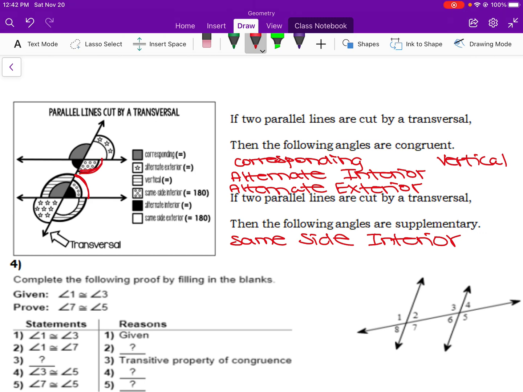This angle and this angle, right? They're both on the same side of the transversal and they're interior to the parallel lines. Those are classified as same side or consecutive interior angles. Those would be supplementary. And so when we think about adding to 180 versus having the same measure, that's going to kind of change how we can work with things.